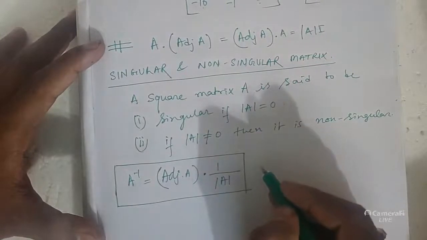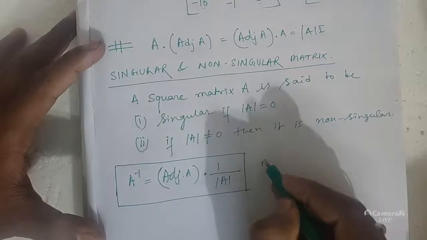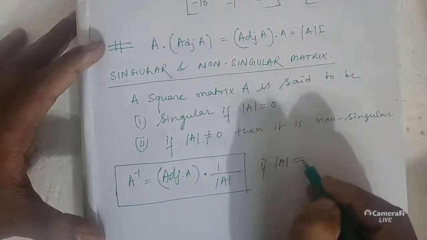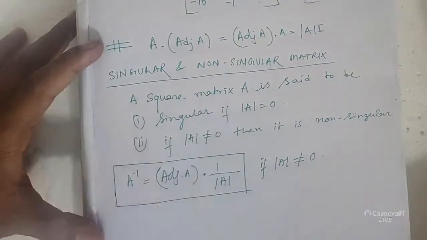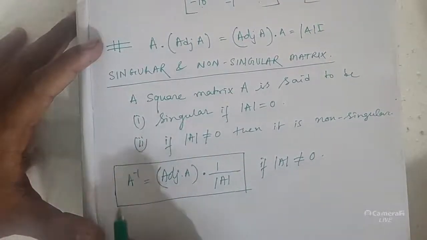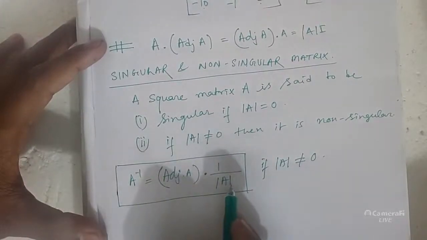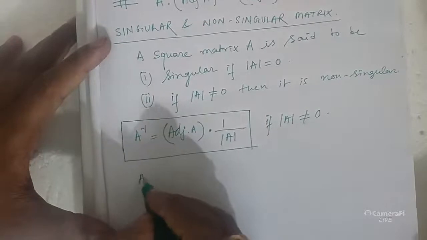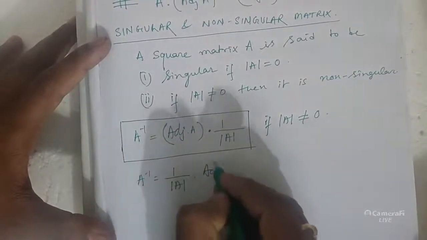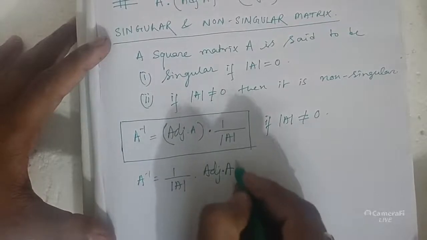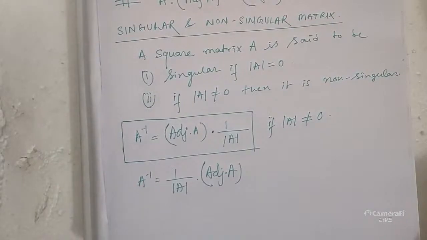So here the condition will be: if determinant A is not equal to 0, then only we can find the inverse. So the formula of A inverse is equal to adjoint A into 1 by determinant A, or you can write it as A inverse equals 1 by determinant A into adjoint A. Okay.